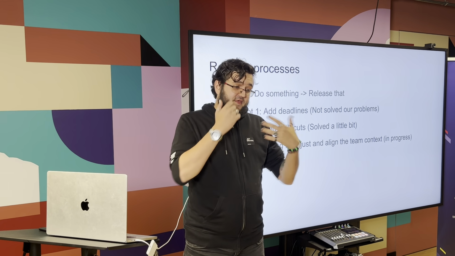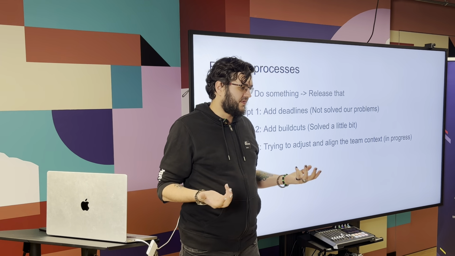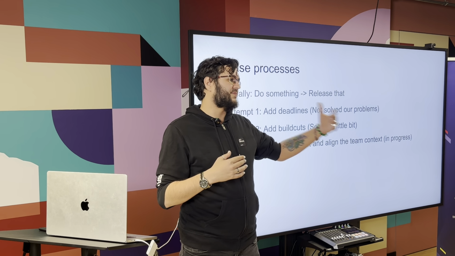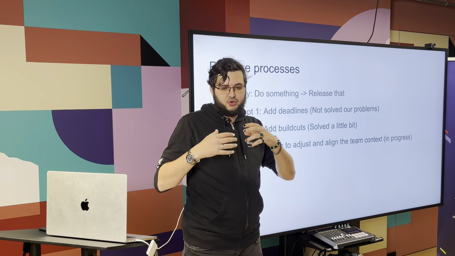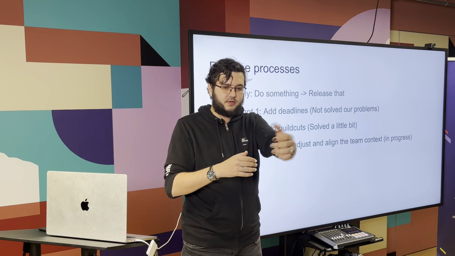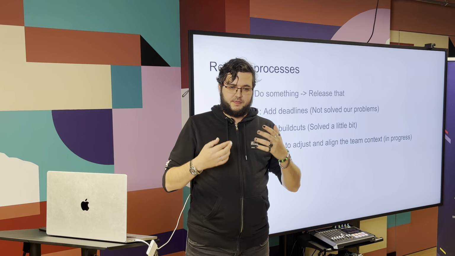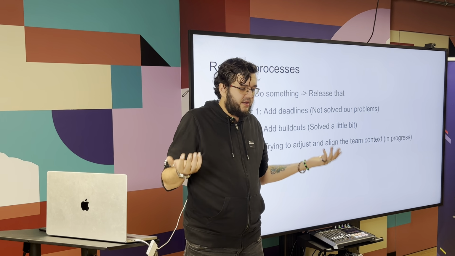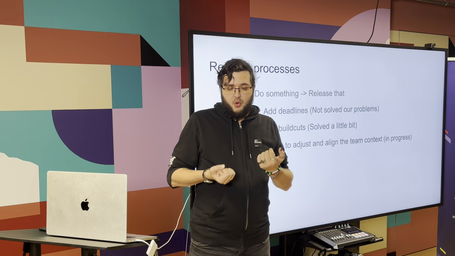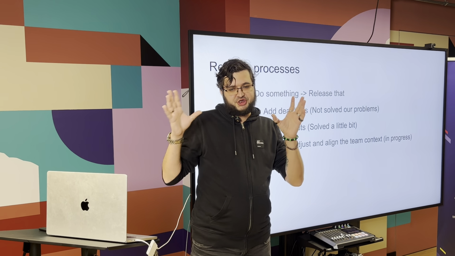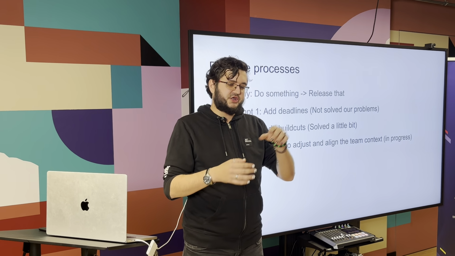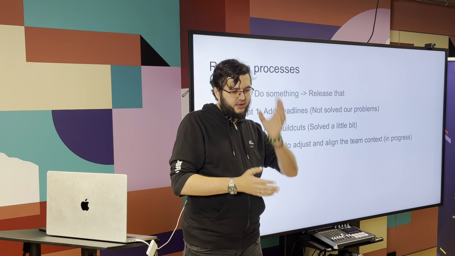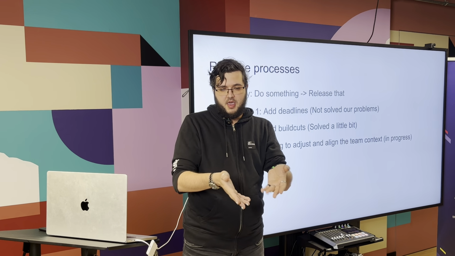After that, we have the release process. Because you develop something, you test something, but you need to release it. You need to release something, somewhere, and somehow. Initially, when I just came to Compose Multiplatform, the process was that we do something, and at some point we decide that everything is good and we are ready to release it.